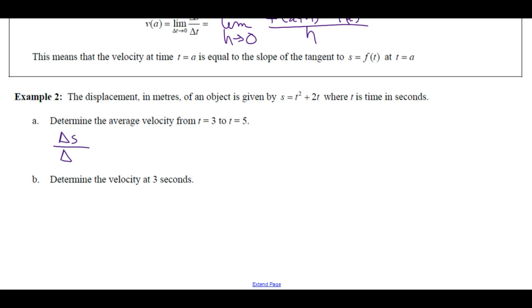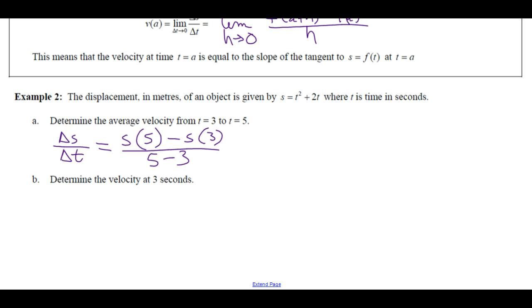Average velocity is delta s over delta t, which is s of 5 minus s of 3 over 5 minus 3.